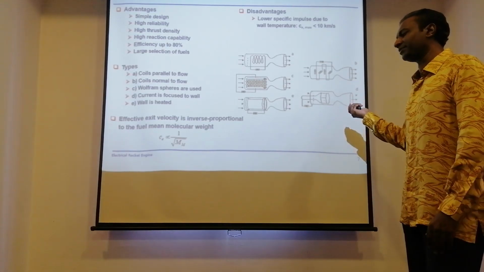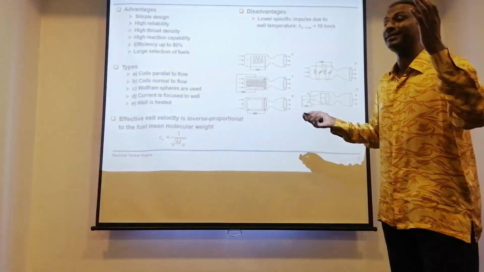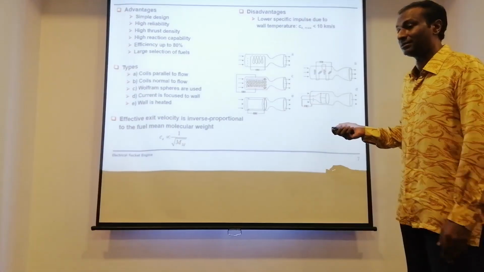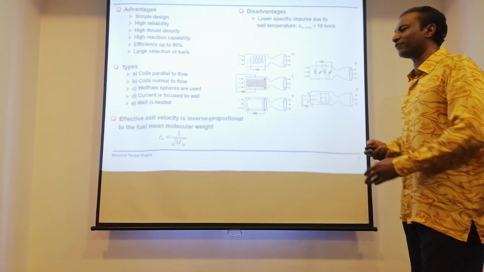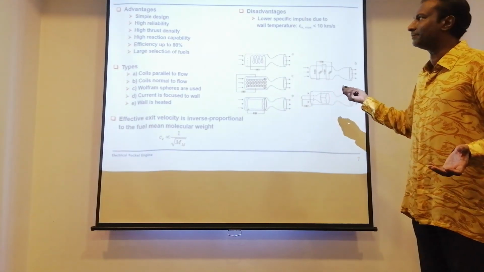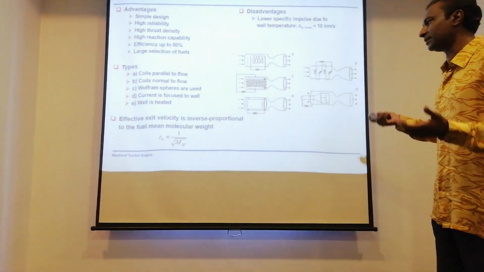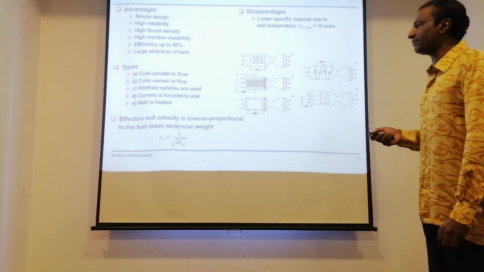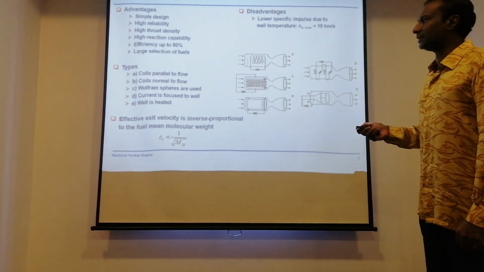Just now we said that is actually a working efficiency. We can push this efficiency up to 80% with an optimization process, but the typical one is not up to 80%. Large selection of fuel, of course, very flexible. Remember, resistojet. Fuel you can have even hydrogen, you can have ammonia, etc.